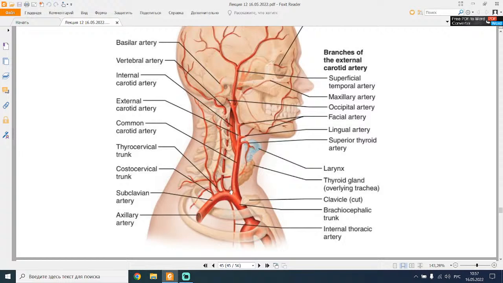From the first segment branch arteria vertebralis, the thyrocervical trunk and the costocervical trunk, and you see the axillary artery.